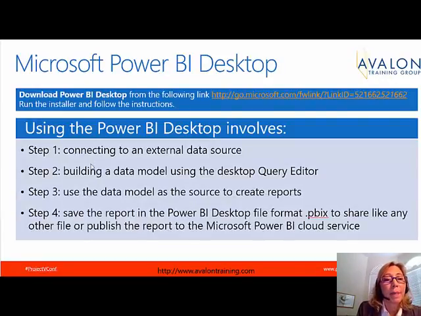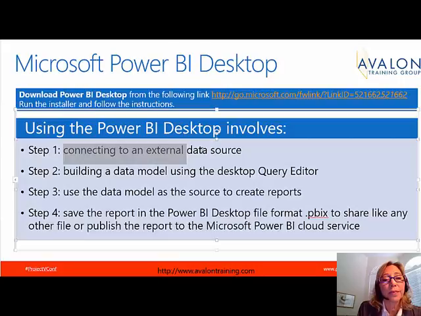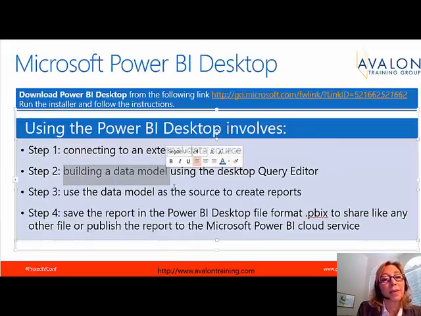I'm going to be going through a demonstration on how to do this, but I want to go through the steps at a high level. Step 1 is connecting with the external data source. And when you connect with the external data source, you're going to put in the URL for that OData feed. Step 2 would be to build your data model. And building a data model involves using something called the Desktop Query Editor. So you can filter out records that you're not interested in.